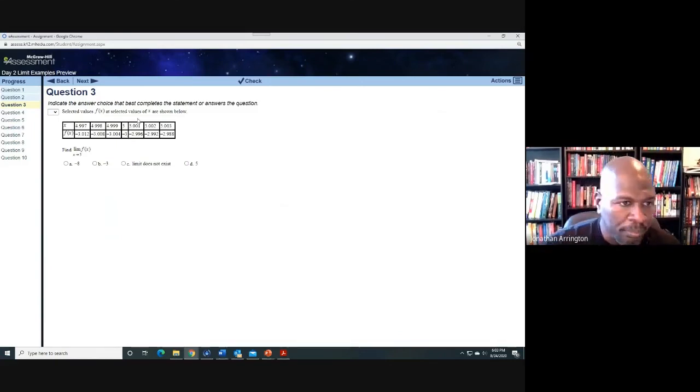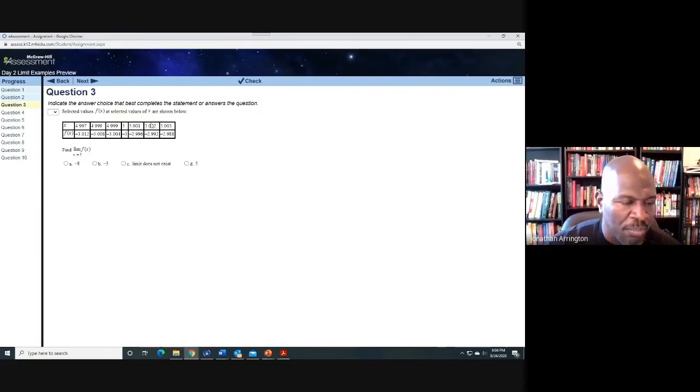So, I mean, it's good to see f of 5 is -3. That's nice to see. But we're more concerned with the behavior as x approaches 5 from the left and the right, because that behavior is not always going to agree with the value at f of 5 or at f of c. So let's look. From the left, as x approaches 5, these f of x values seem to be approaching -3, looking fine.